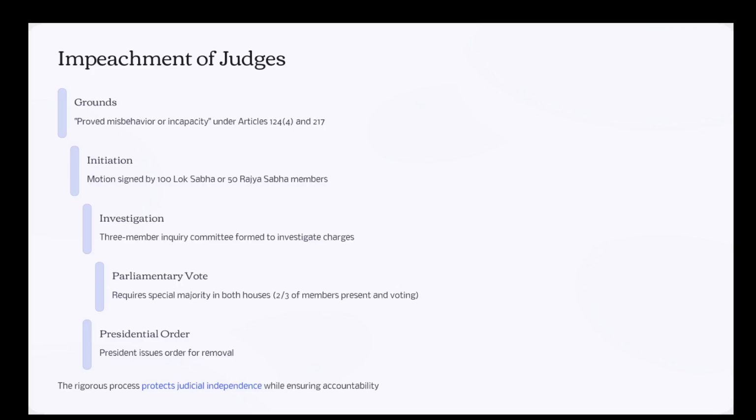Investigation: a 3-member inquiry committee is formed to investigate the charges. Then the parliamentary vote requires a special majority in both Houses, two-thirds of the members present and voting. The President issues the order for removal. So the rigorous process protects judicial independence while ensuring accountability.